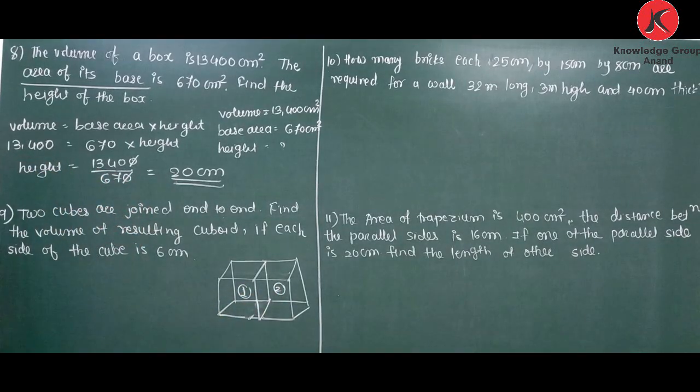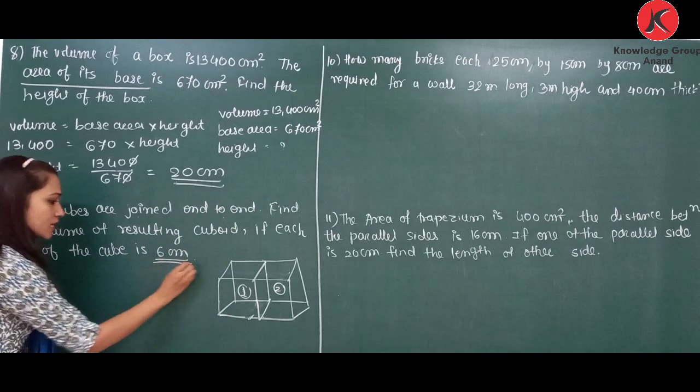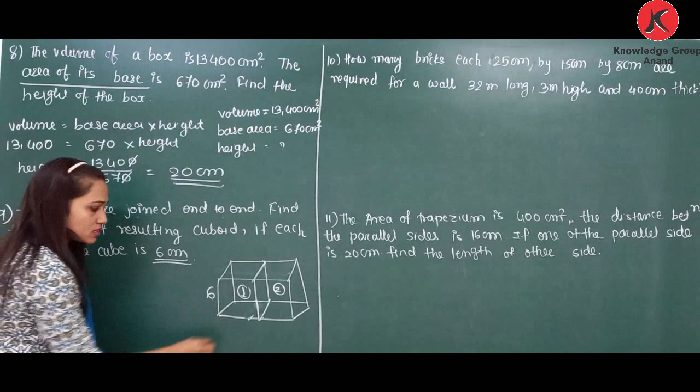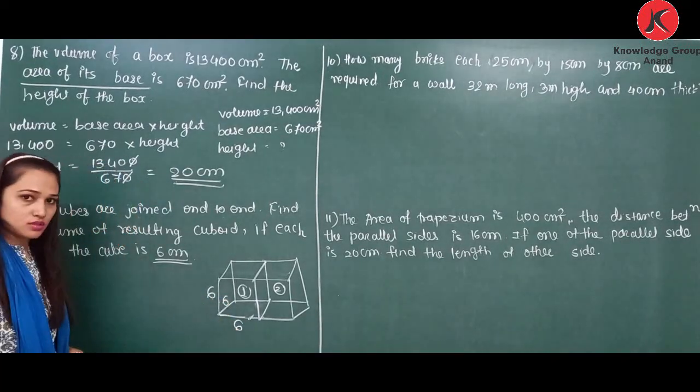Both are joined end to end with each other. Side of cube is 6 centimeters, so we can consider this one as 6. This is also 6 and this is also 6.